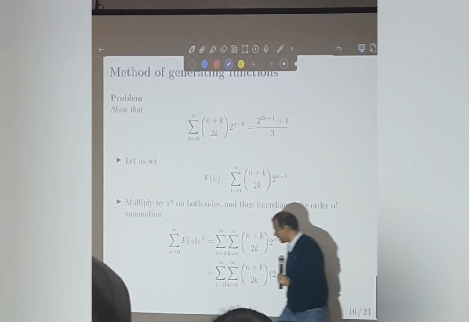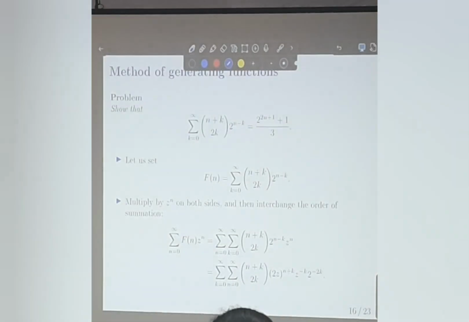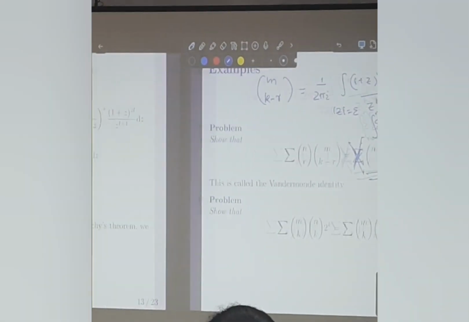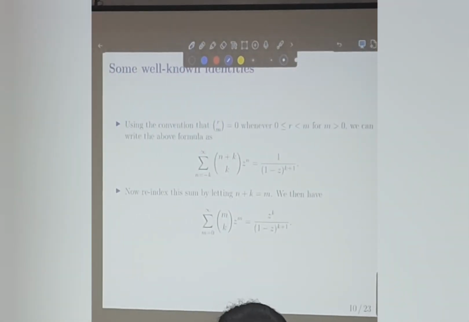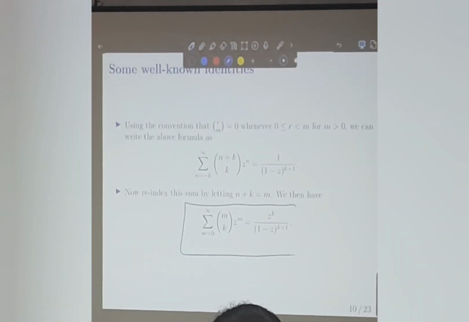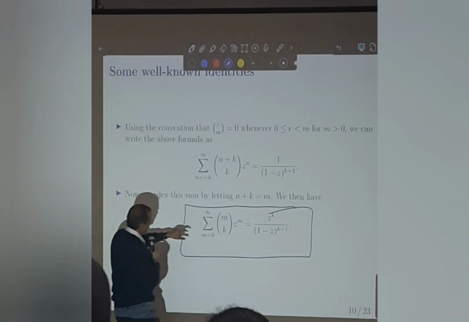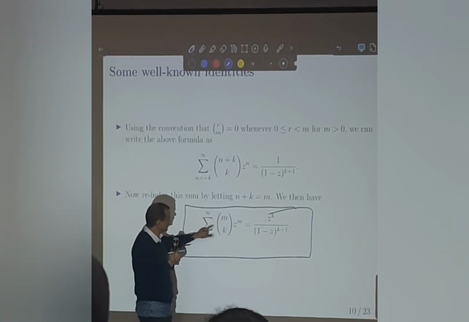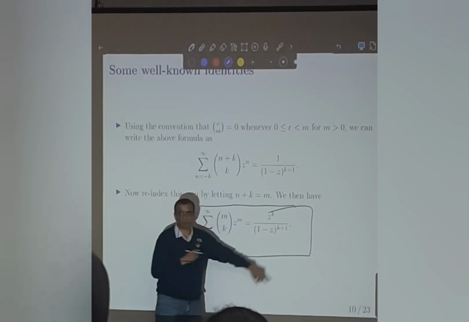For this I just need to use this particular formula, the derivative formula that I gave. You see that here m runs from 0 to infinity, choose k, that's the same as z to the k by (1 minus z) raised to k plus 1.